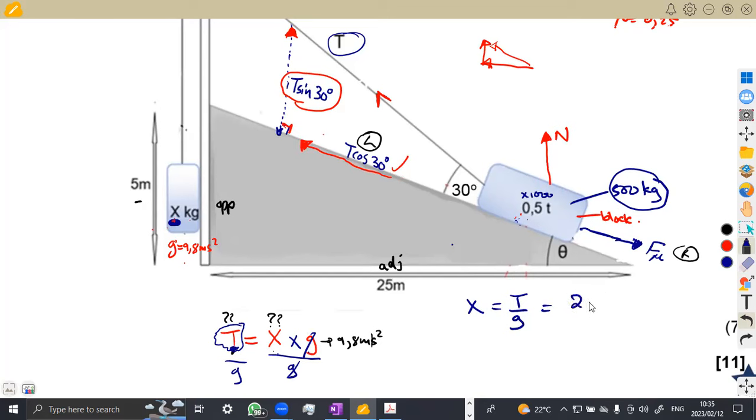We got 2,917.93 Newton over g, our gravitational acceleration of 9.8. If you divide properly, guys, you're going to have your x, which is 297.748, and this is mass measured in kgs.